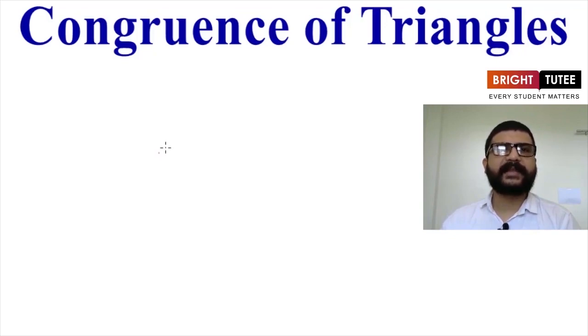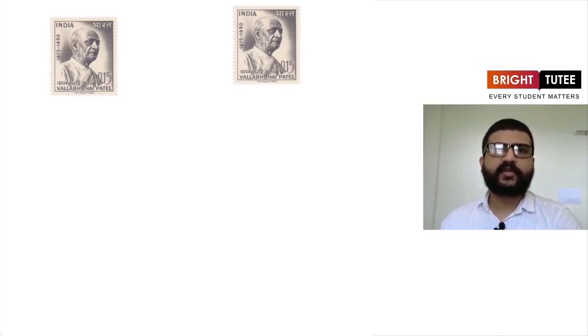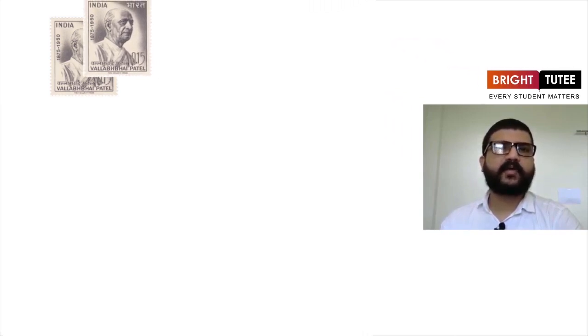So now let's start by taking an example of two congruent figures. Now here are two stems of equal dimensions. Now suppose you are trying to place one stem over the another one. So what do you think? Will it cover the another stem completely and exactly? Will it overlap the another stem?